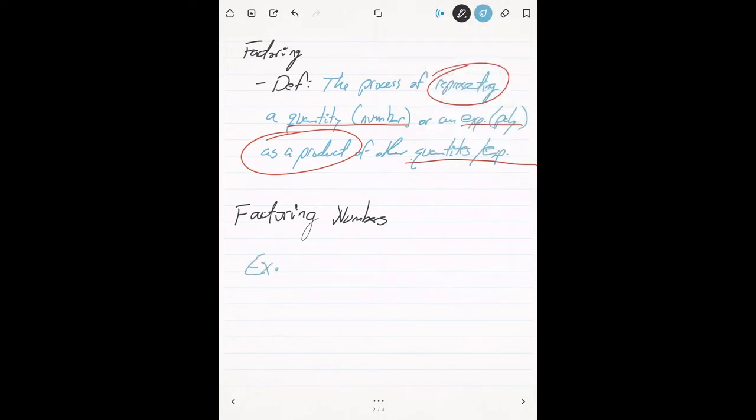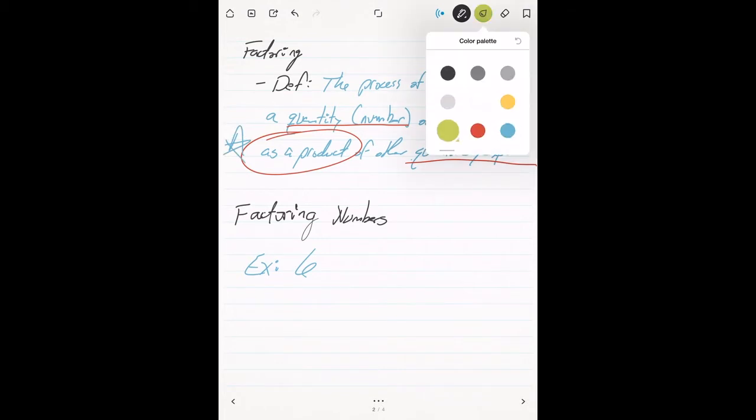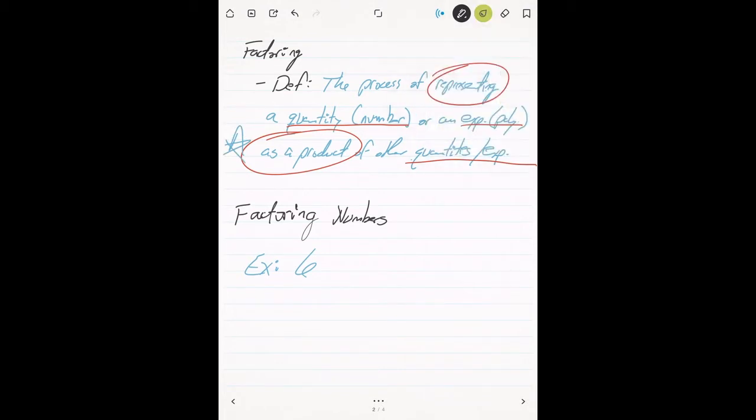So let's go ahead and do some examples here. Let's start with the number 6. We want to factor the number 6. This means we want to write it as a product of other numbers. Well, hopefully, that's not too difficult of a challenge for us. We can say that 6 is the same thing as 2 times 3. We could also say 6 is the same thing as 6 times 1.